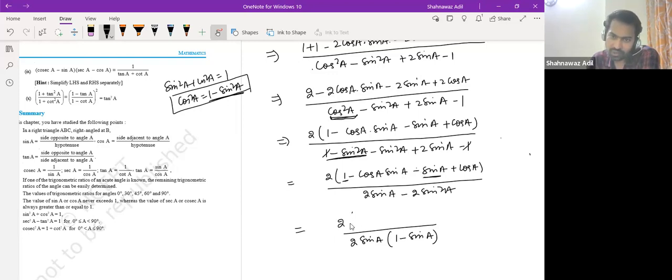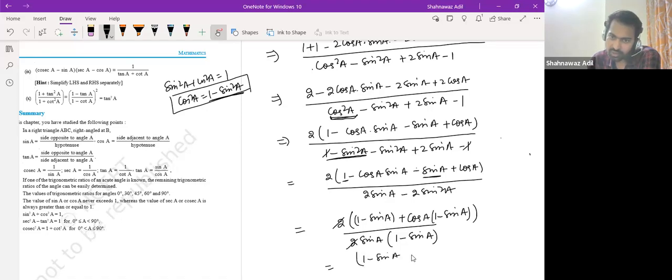So I can write 1 minus sine a. Then I have this cos a and minus cos a sine a, so I can take cos common. So this would be 1 minus sine a. I have 1 minus sine a common.